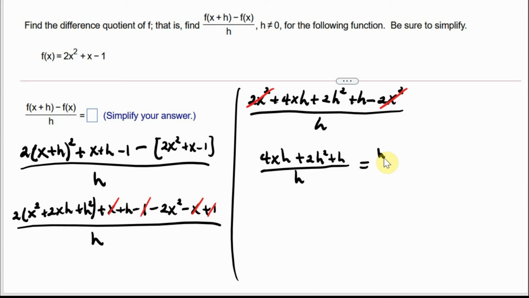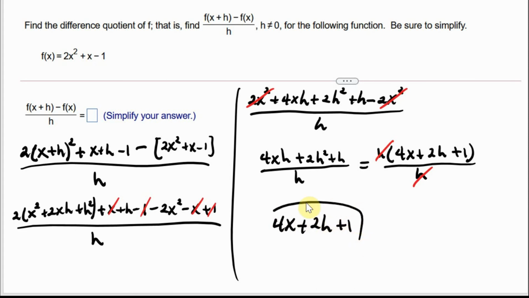So this is h times parentheses 4x plus 2h plus 1 all over h. Now I cancel out the h, and I have left what I want for the so-called difference quotient, and that is 4x plus 2h plus 1.